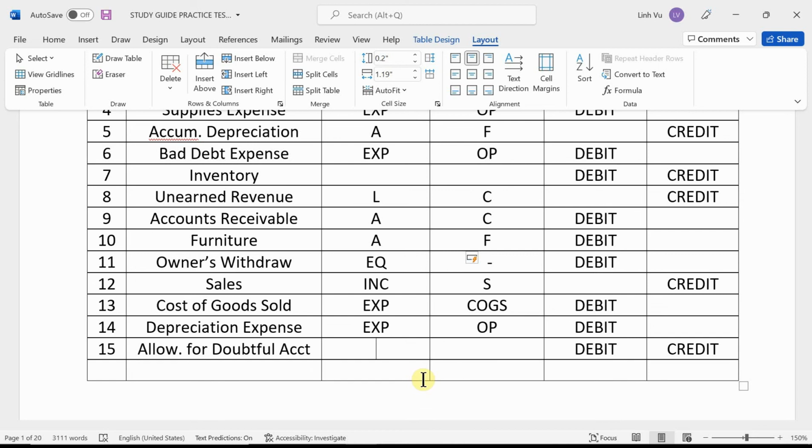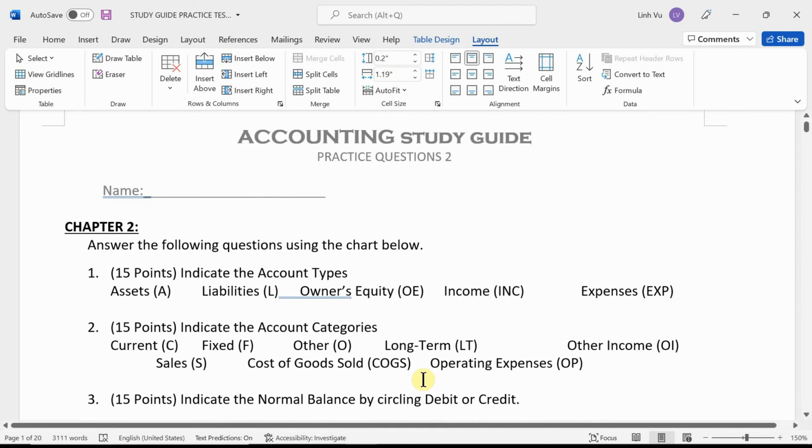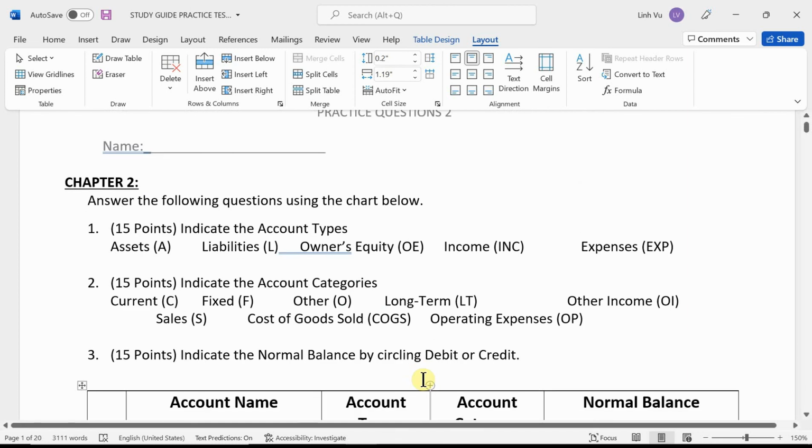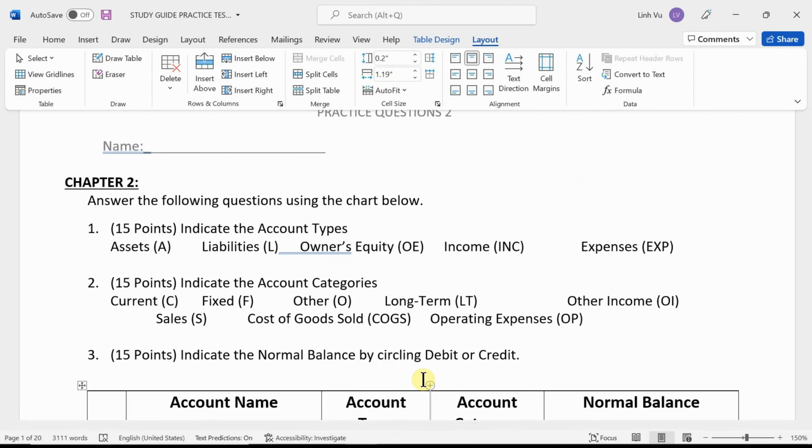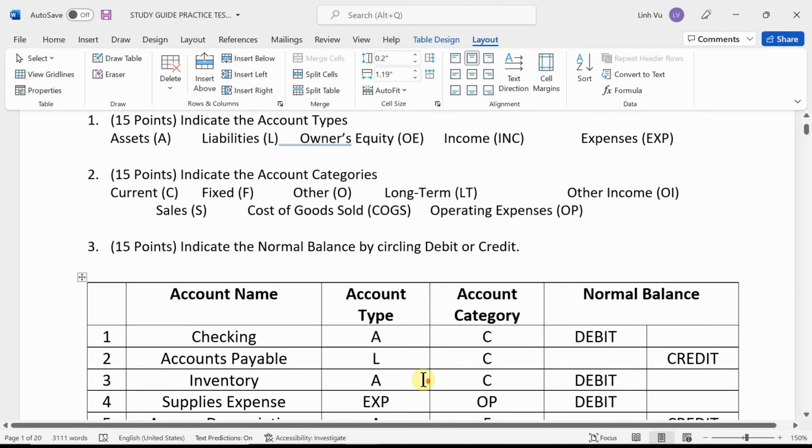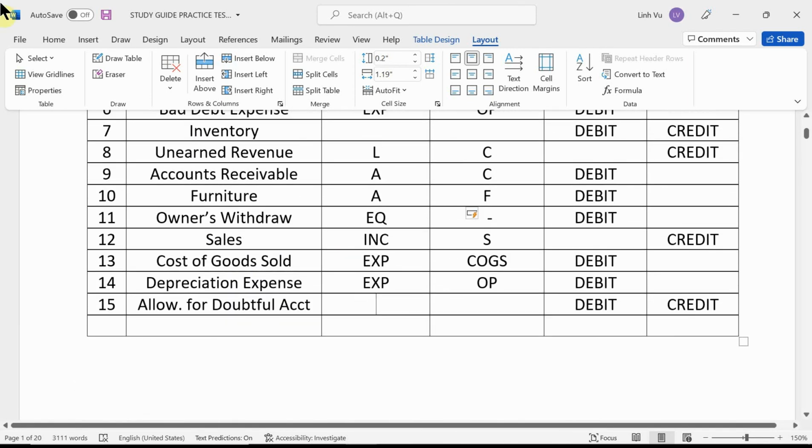Asset. Yes, because what is this directly correlated to? Your accounts receivable, when customers owe you money.